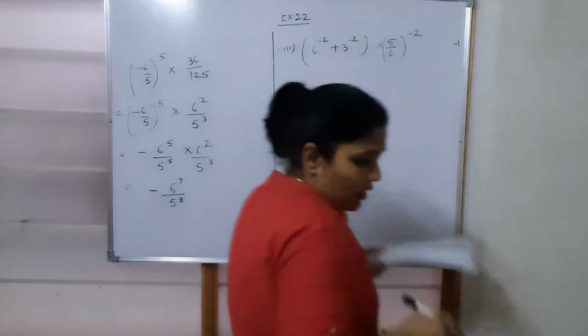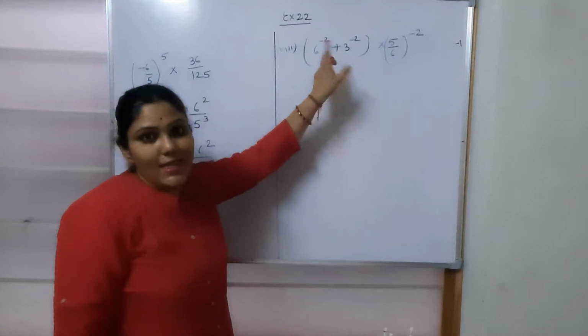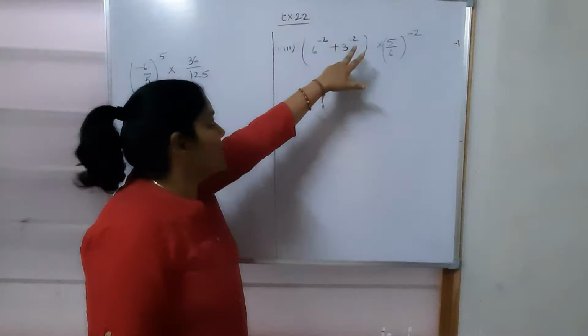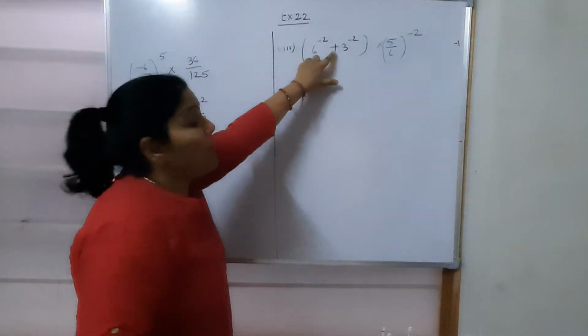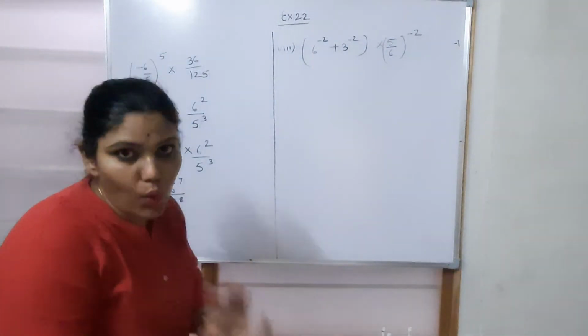Just look here. Now class, this is 6 raised to the power minus 2, plus sign is there. If it would have been multiply and the powers are the same, then we would have written it as 6 into 3 whole raised to the power minus 2. But it is a plus sign. Okay, we cannot keep it like 6 plus 3 whole raised to the power minus 2. No, we cannot do it.